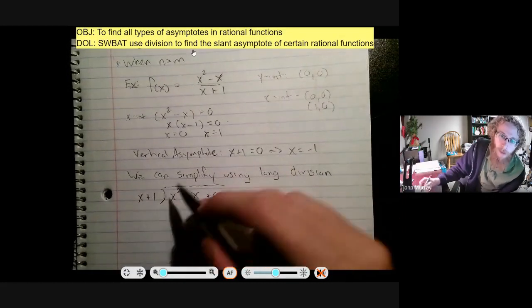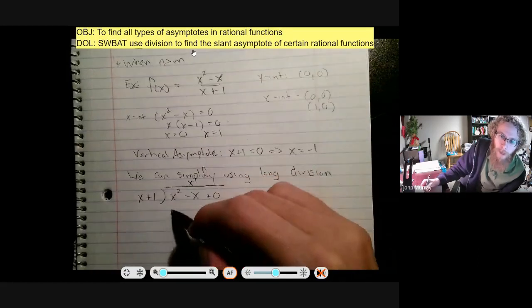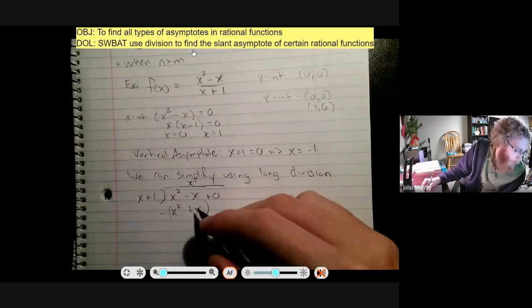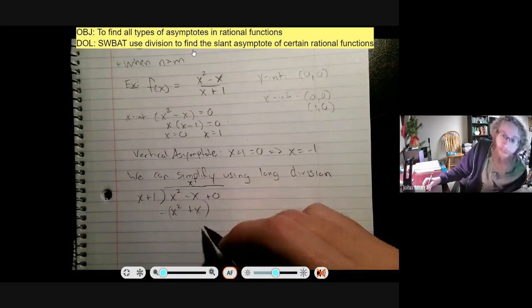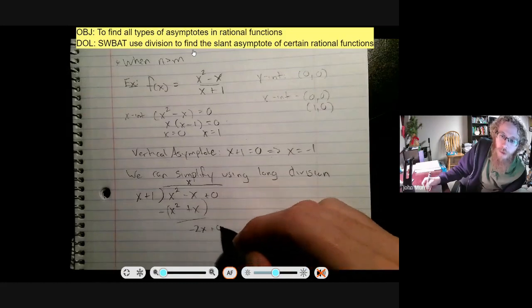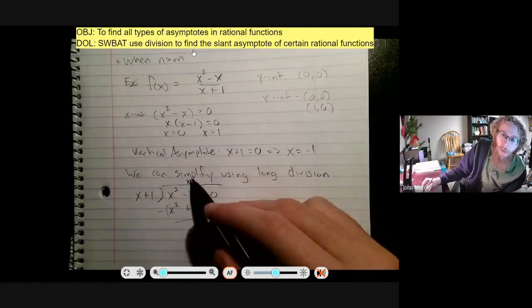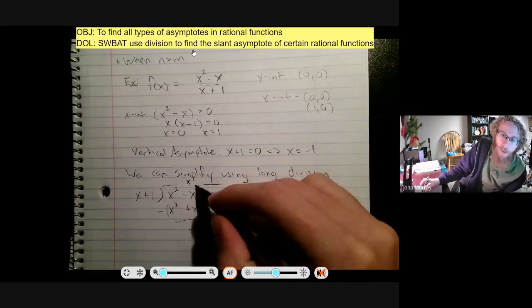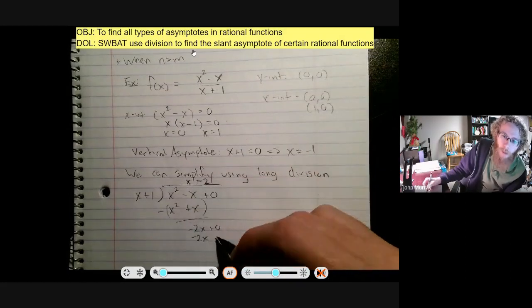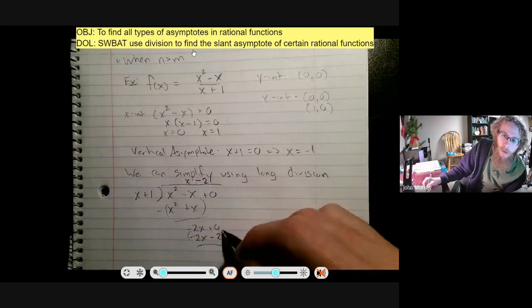How do I get x to look like x squared? Well, I'm going to multiply it by x. I get x squared plus x. We subtract. This is negative 2x plus 0. How do I get an x to look like negative 2x? Well, I multiply by negative 2. Negative 2x minus 2.